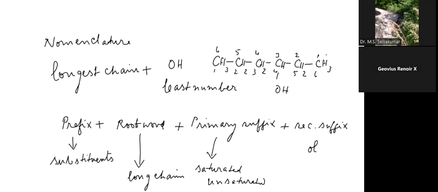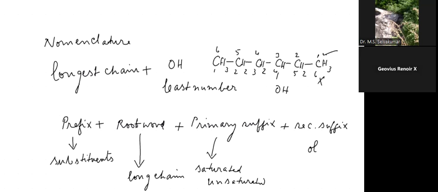Now I want to choose that numbering by which the OH group is attached to that carbon which gets the least number. When I number in this direction, the OH group is attached to the third carbon. When I number in this direction, the OH group is attached to the fourth carbon. Therefore, this numbering is correct. This numbering is wrong.